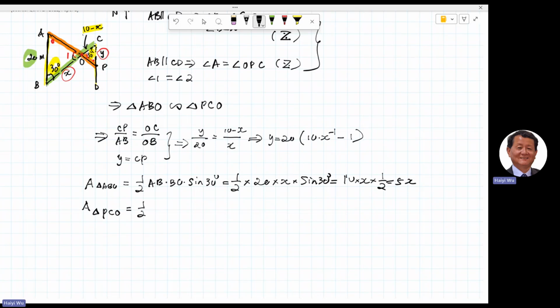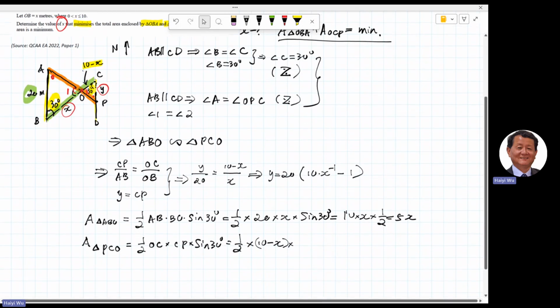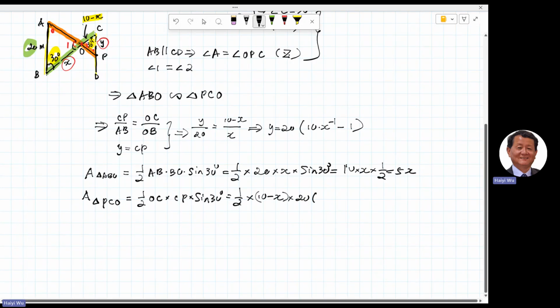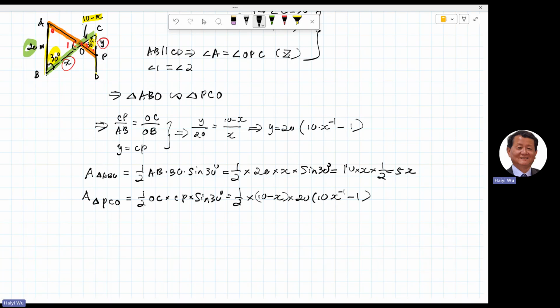The area of PCO is half of OC times CP times sine 30 degrees. So we substitute. OC is 10 minus x, and CP is y. We know y was already found out, which was 20 times 10 x to the power of negative 1, minus 1.